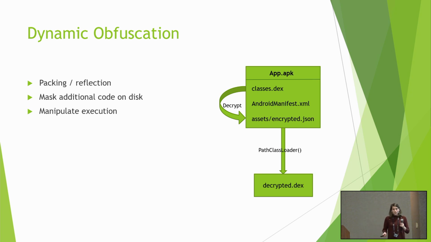By doing this, they're successfully able to mask the presence of additional code, because if you took a look at that encrypted.json, it's encrypted, it doesn't mean anything to you, so you have to actually run the application to get that additional code. And by doing this, we have successfully manipulated the execution of the application to execute some additional code.